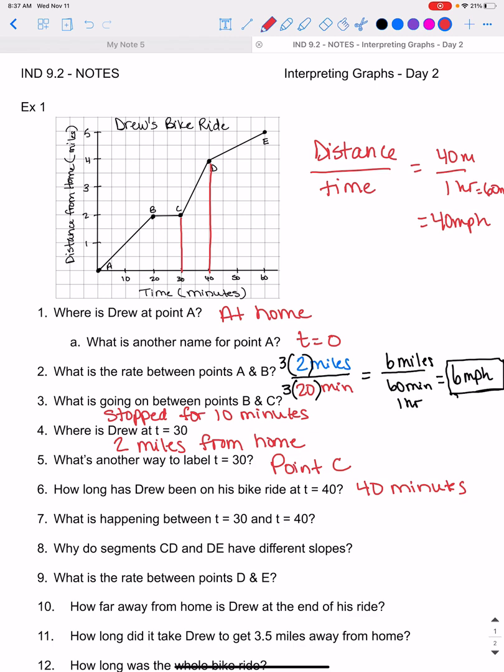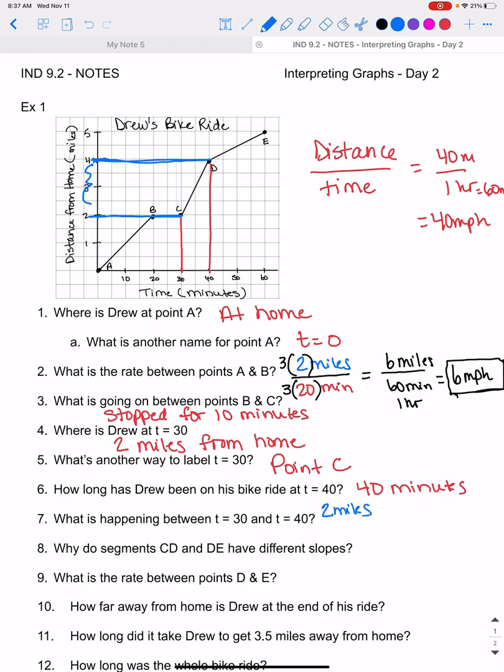So first let's look at distance. So the distance traveled between C and D, right? That's the segment we're looking at. C to D. And that distance, that's right here, that is a 2-mile distance. So in that segment, okay, we went 2 miles.